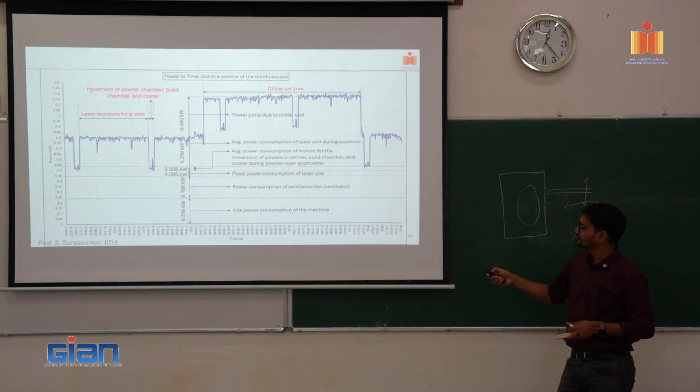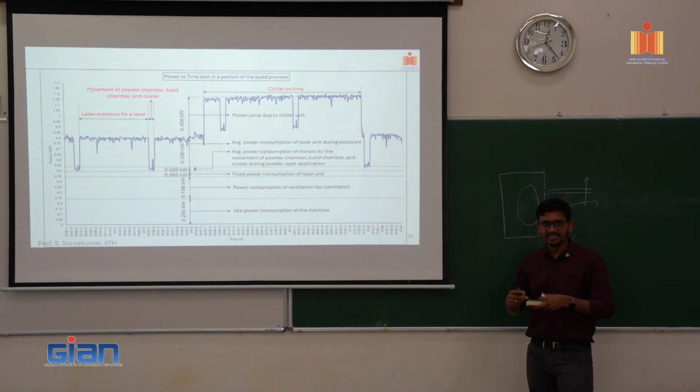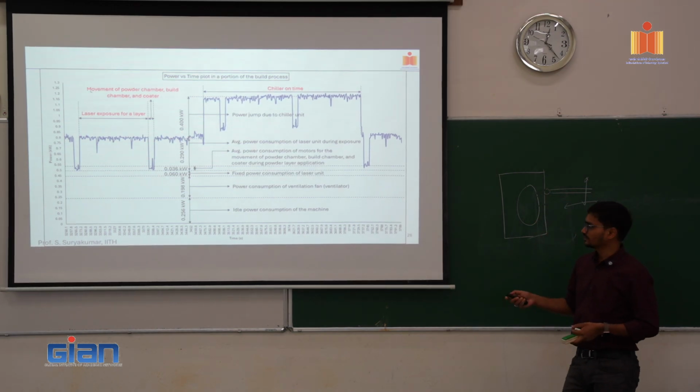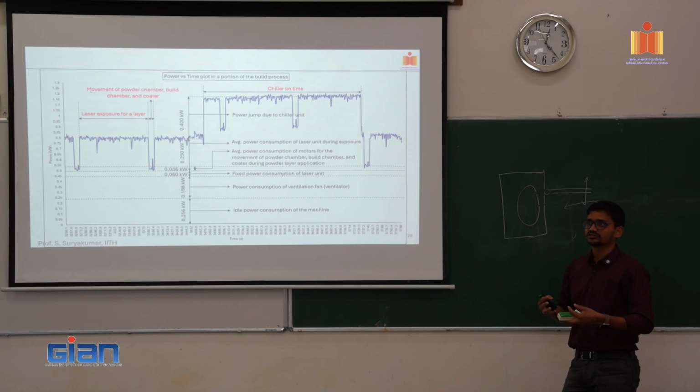If you call this the process energy, the machine energy is as big as this or sometimes even greater than this. So the total energy to run the machine is quite huge, while the actual process energy might not be so significant.